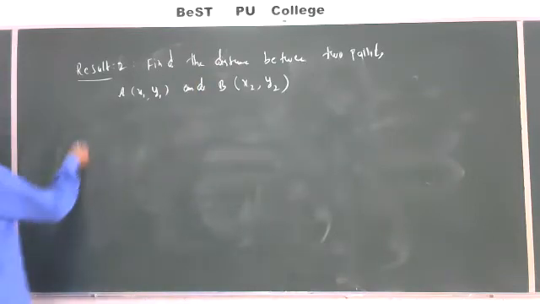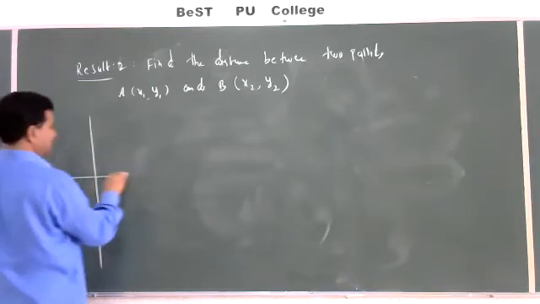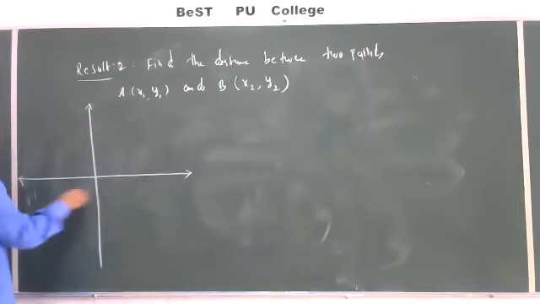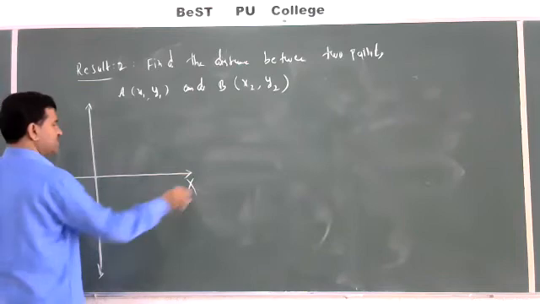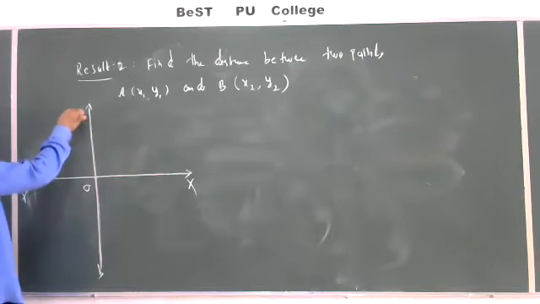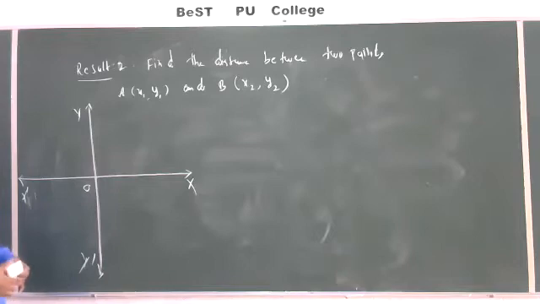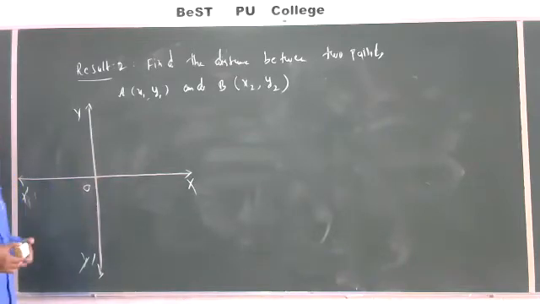Here listen to me. Once again the same construction. Draw the diagram. Consider a rectangular coordinate system in which XOX' is the x-axis and YOY' is the y-axis.